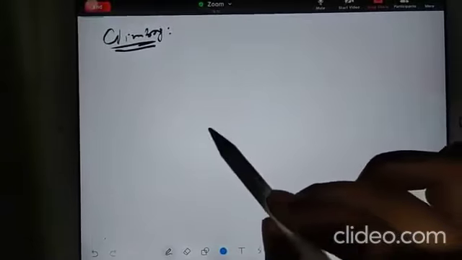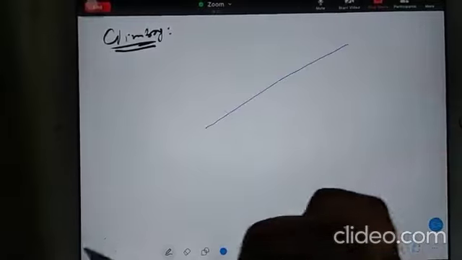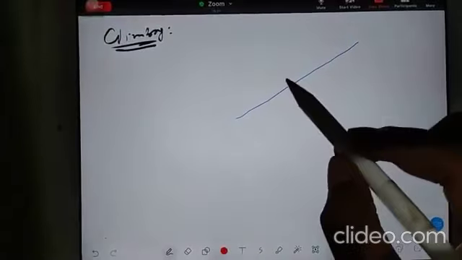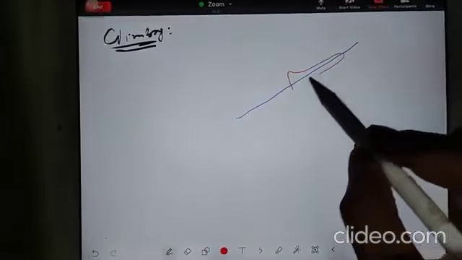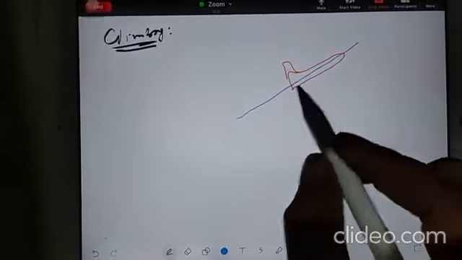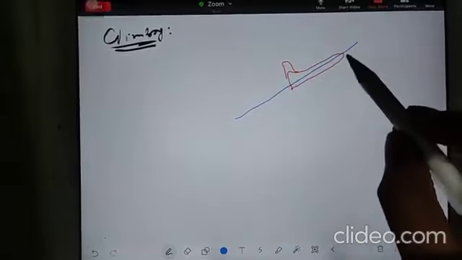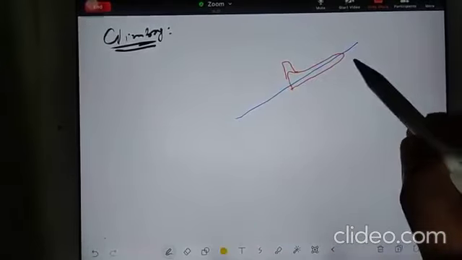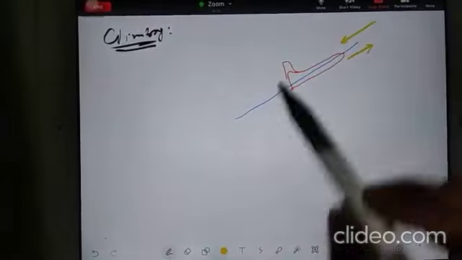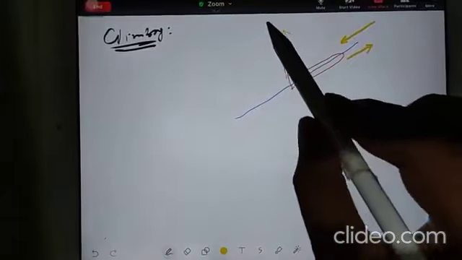Earlier I was gliding like this, now I will climb like this, and I will put my aircraft here. If the aeroplane is moving in this direction, then the free stream will come in this direction, and lift will act perpendicular to the free stream.